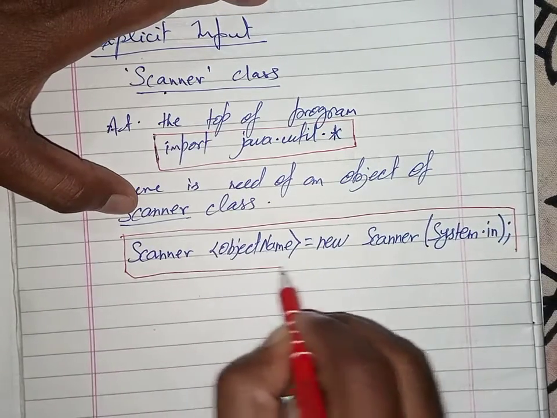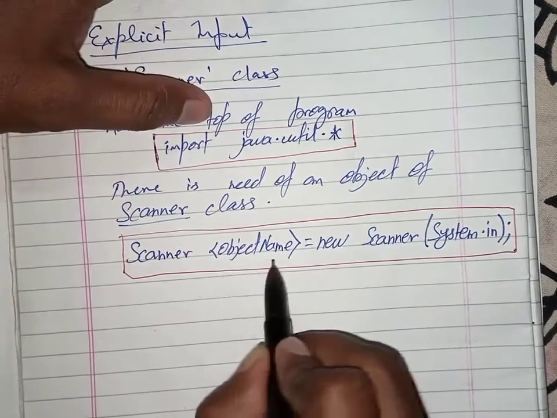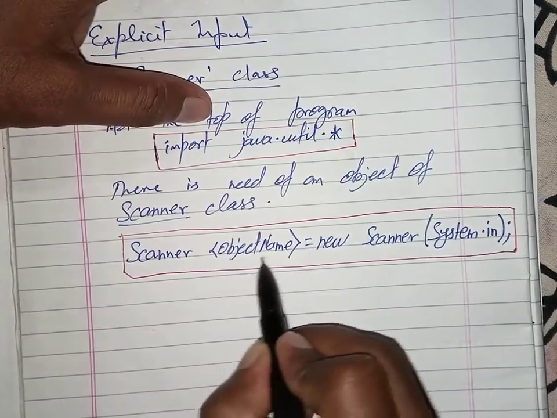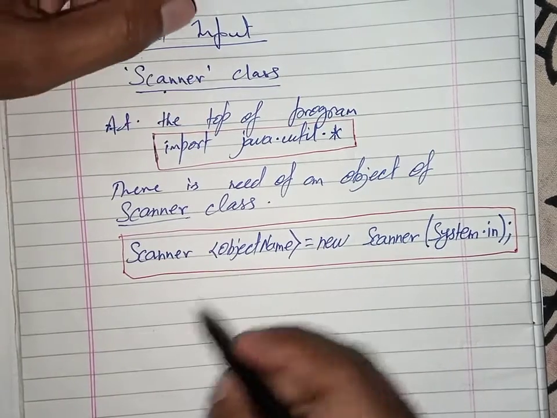This is the syntax to create an object of a Scanner class. Here the object name you can write any name, using identifier rule.